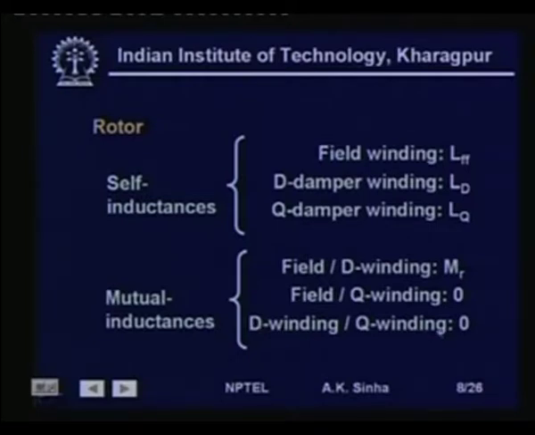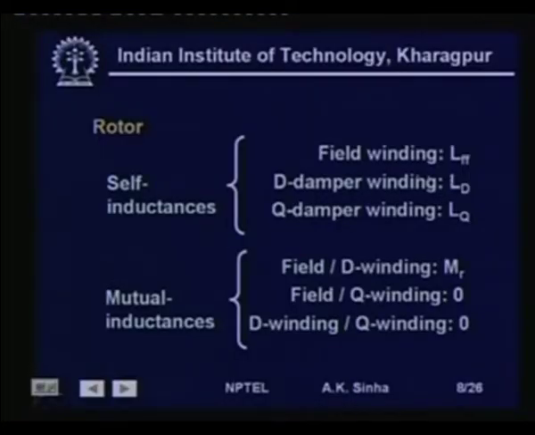Similarly, the d winding and q winding mutual inductance is also going to be equal to 0, because the d winding is on the direct axis and the q winding is on the quadrature axis, and since there is a 90-degree difference between these two axes, the mutual inductance is 0 between them. So, what we see here is we have taken care of the damper winding and the eddy current part by means of two fictitious windings, one having an inductance L d and another having an inductance L q.